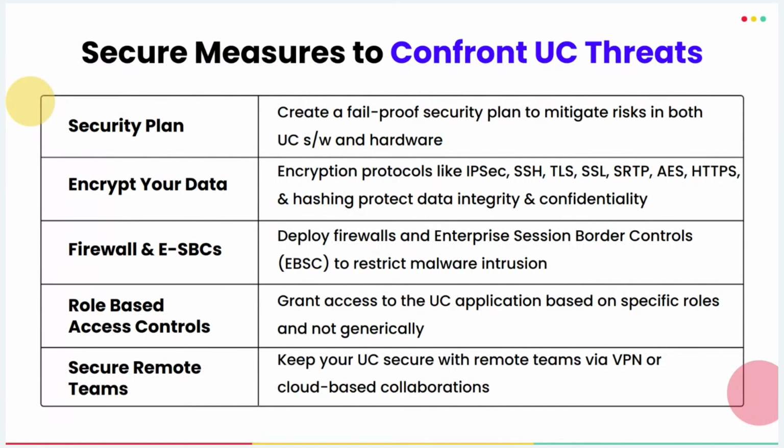The first thing is the security plan. Whenever you start something, you should have a proper plan. When it comes to security, you definitely have to create a fail-proof security plan and mitigate the risk, whether on the server software side or on the hardware side. That has to be done properly.